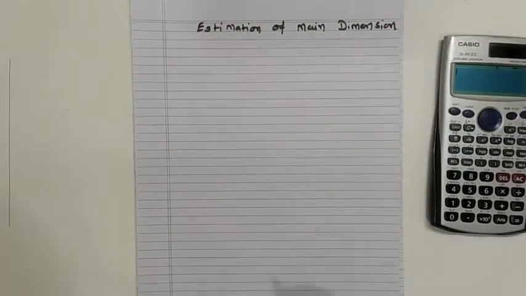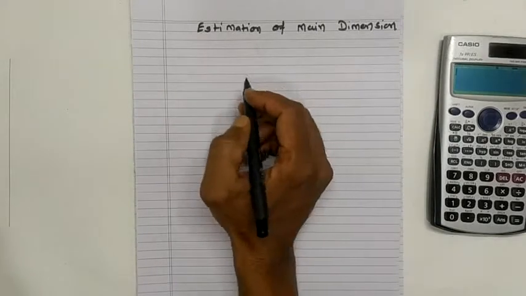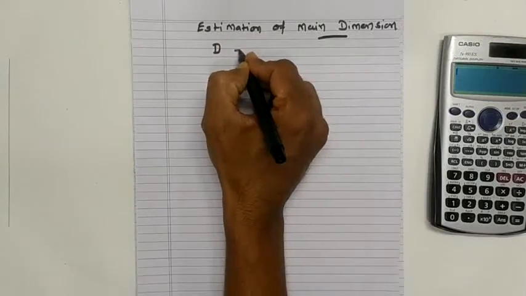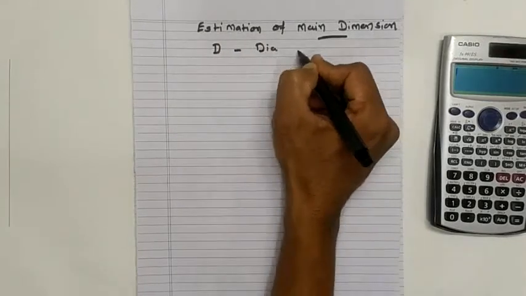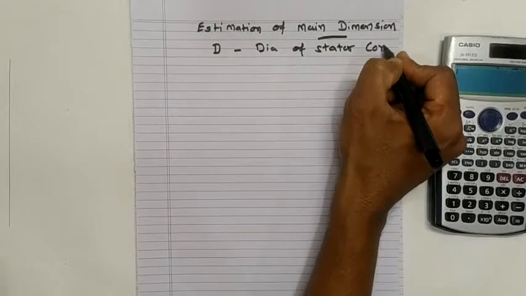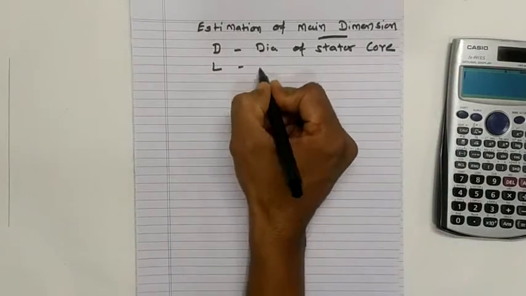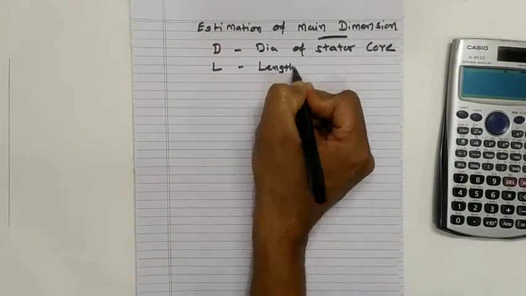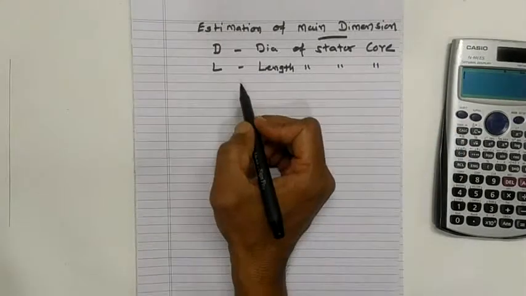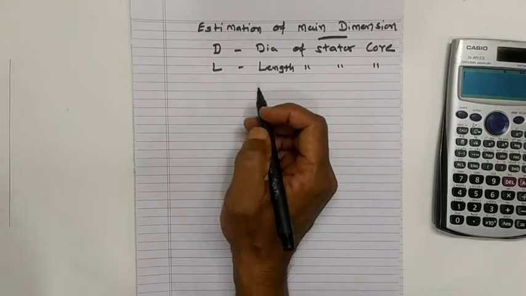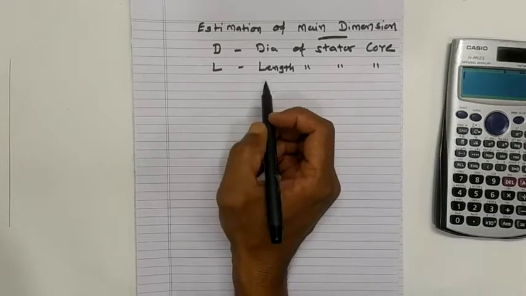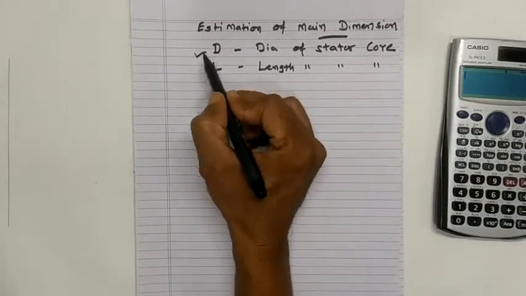In design of AC machine, that is three-phase induction motor, main dimension, that is D, the diameter of stator core, and L, the length of stator core. So in this lecture we'll take one example and try to solve and estimate the main dimension D as well as L.